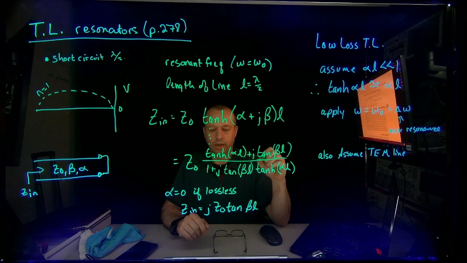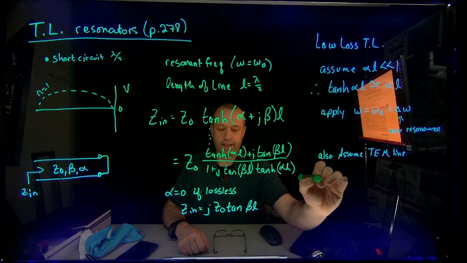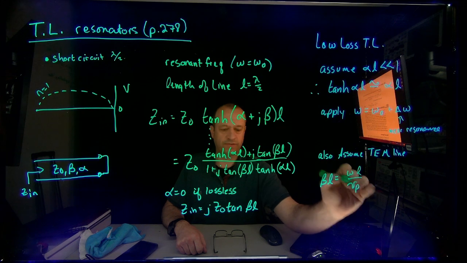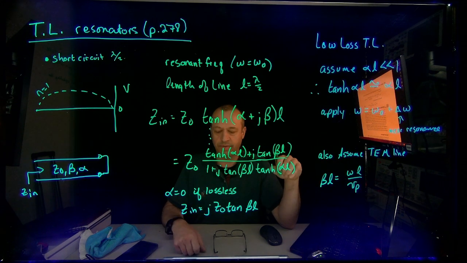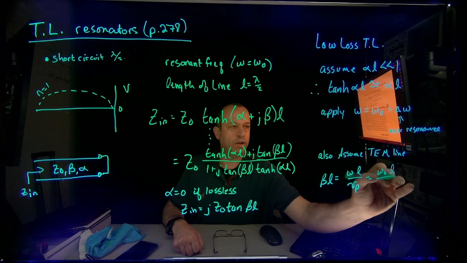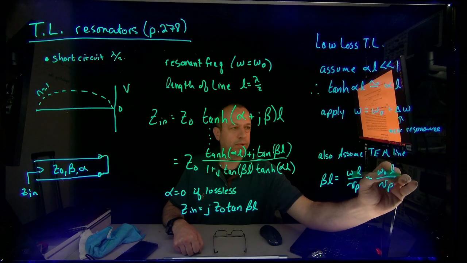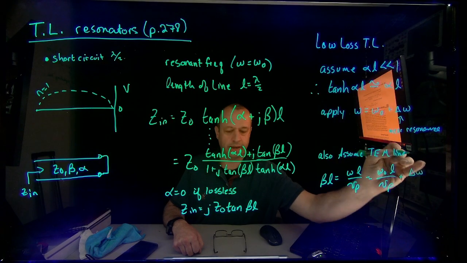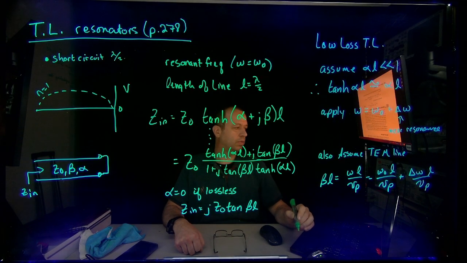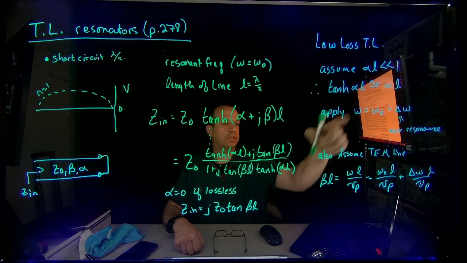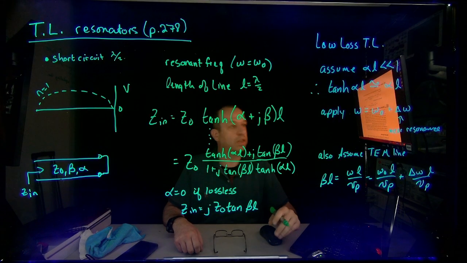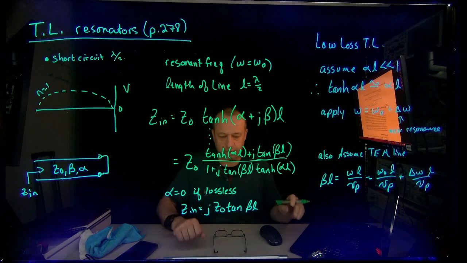Then for that, we end up with beta L equals omega L over our phase velocity, the phase velocity of the transmission line, which then equals omega naught L over the phase velocity plus delta omega L over the phase velocity. So we're just trying to break this up and replace this omega with our resonance frequency and some deviation away from that resonance frequency.